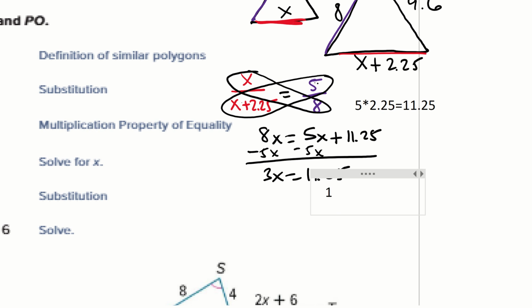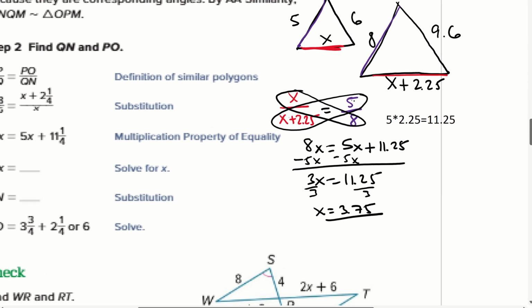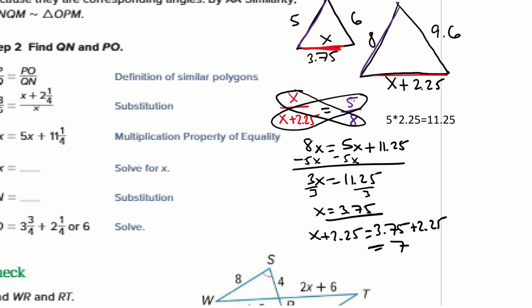Divide by 3 on both sides, and we get 3.75. So x has to be 3.75, and we know this side is 3.75. Then we can plug it into this side: x plus 2.25 is 3.75 plus 2.25, which is equal to 7. So we know that this is equal to 7.